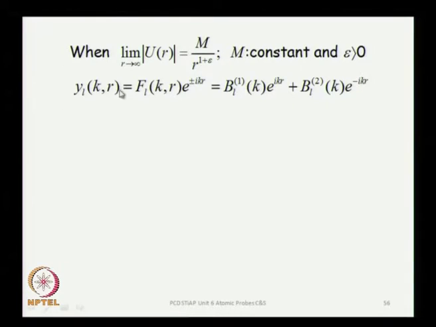If it is 0, this method is not going to work. As long as it is small it will work, and in this case, since f is nearly constant, you can write the solution as a superposition of e to the ikr and e to the minus ikr. This is a superposition of spherical ingoing waves and spherical outgoing waves.